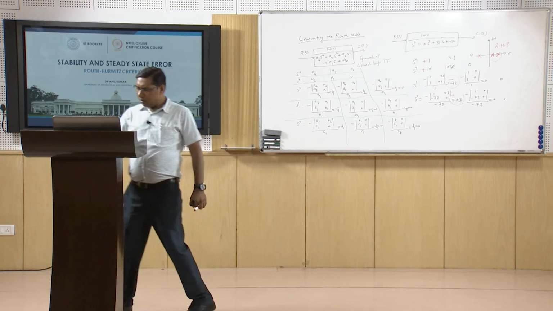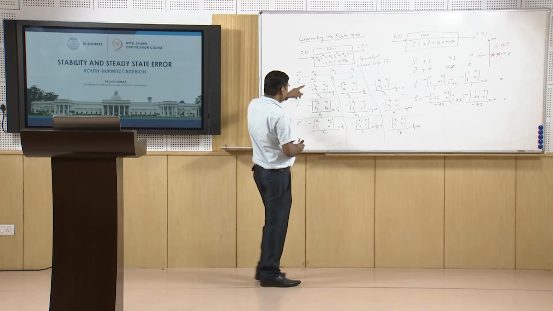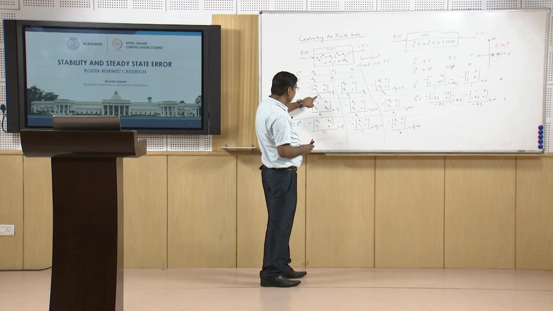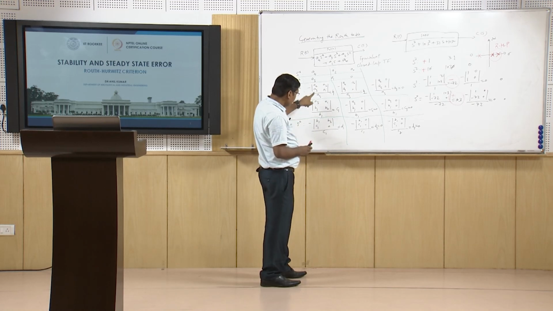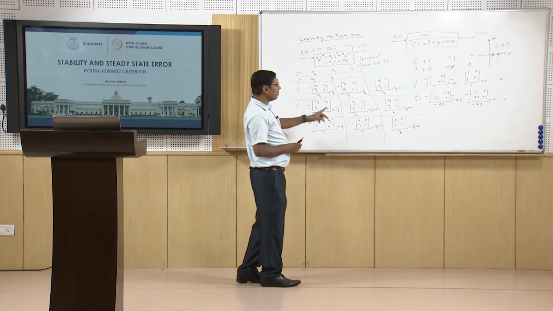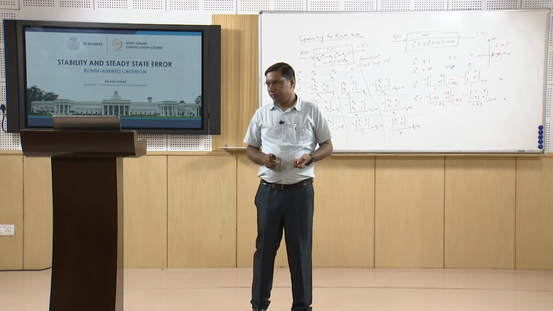So, there could be special cases because here we are using the first column terms for division in the subsequent rows. Suppose these terms are 0, A3 is 0, or we get B1 and B1 is 0, then how will we be able to make the Routh table?